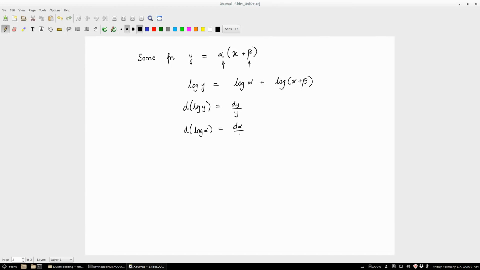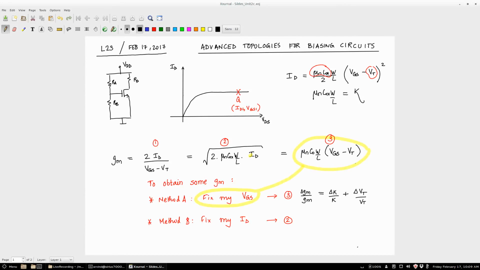I will have d of log y, which will be dy by y. D of log alpha would be d alpha by alpha, and similarly your d of log x plus beta would be d of x plus beta by x plus beta, which is nothing but d beta by x plus beta.